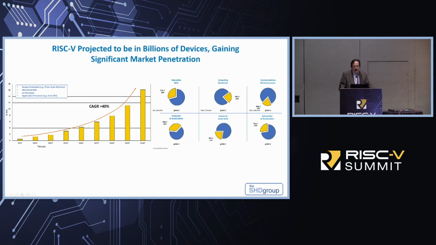So for example, MCUs in wearables, AI acceleration in the consumer end application, the major category, for example, notebooks in computing, things like that, to give some perspective on the fact that RISC-V has percolated beyond just being considered an MCU architecture into higher performing architectures in many, many applications.